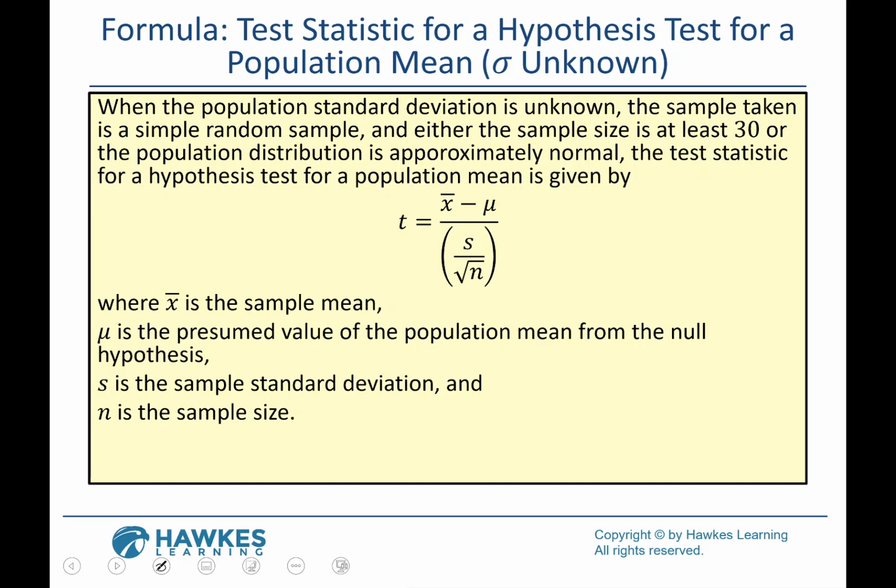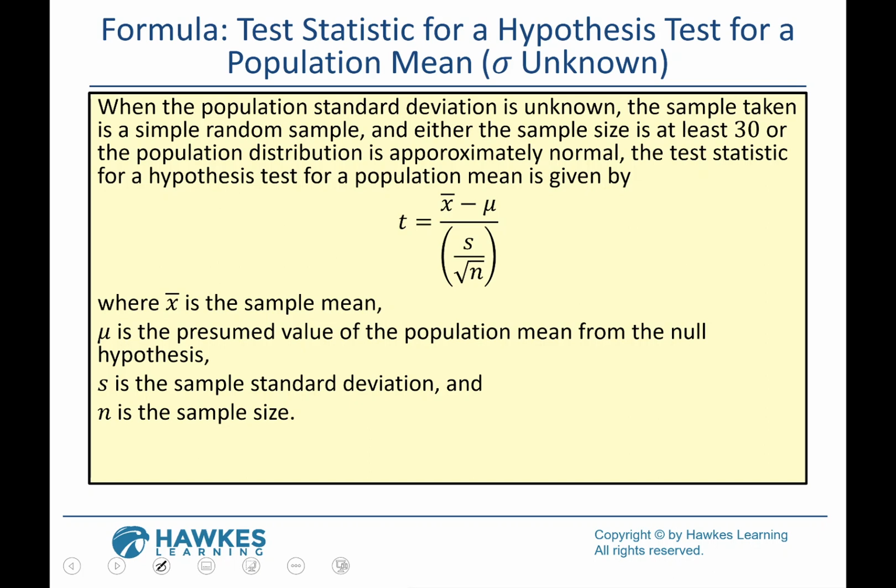It will give us a t test statistic instead of a z. And the only thing that looks different is the part where we have t instead of z. And in the actual formula, instead of sigma, population standard deviation, we have S, which is our standard deviation from our sample data.